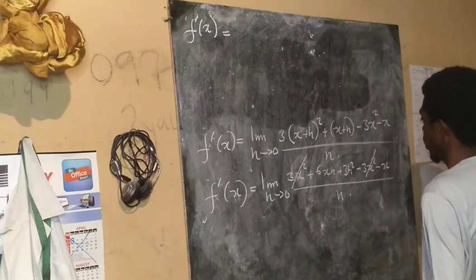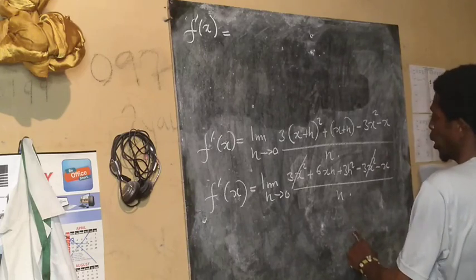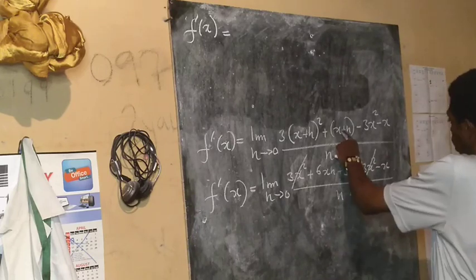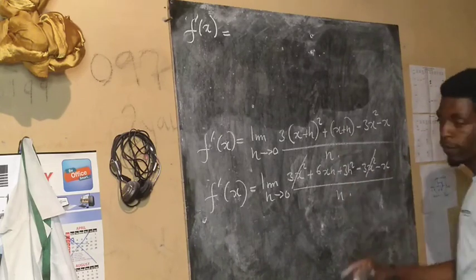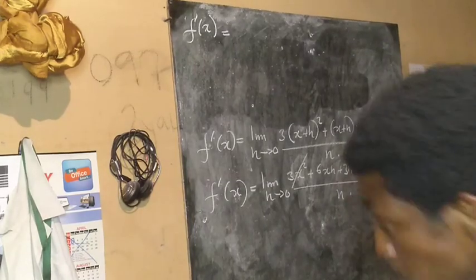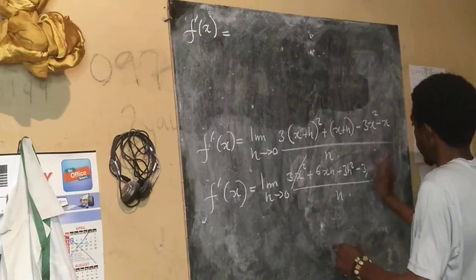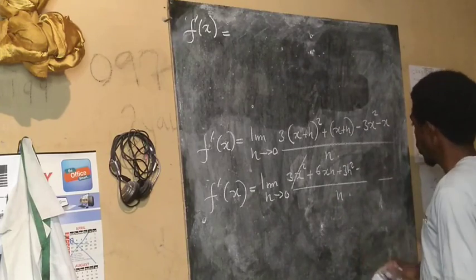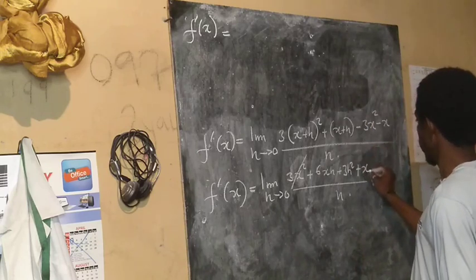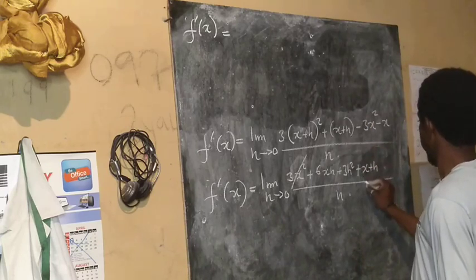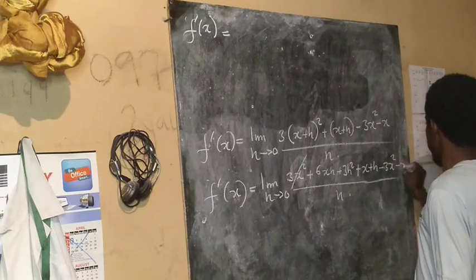I have this x, there is xh, so I've made a simple mistake. Everything is okay for this expansion, but I need to write this part. I've forgotten this part, so I'll say x plus h like that.